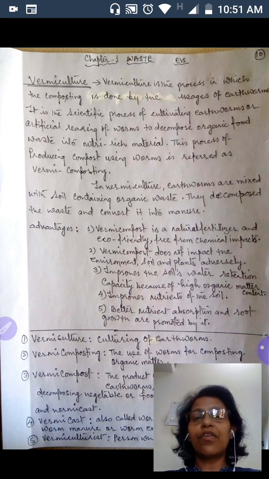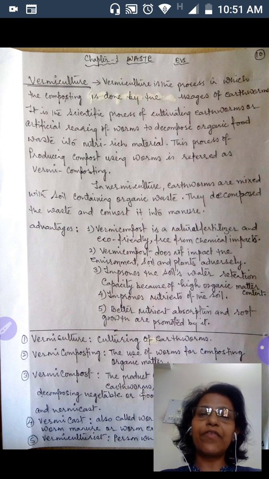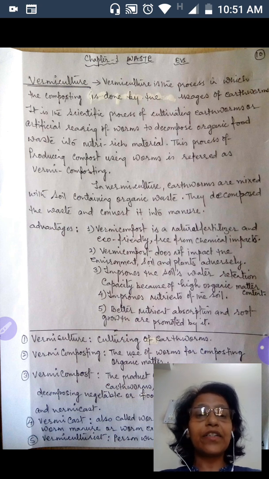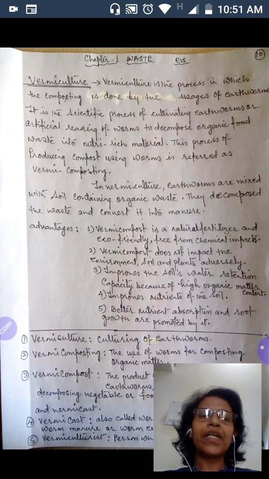Now, a lot of advantages are associated with vermiculture. The first and foremost advantage is that it is a natural fertilizer, it is eco-friendly, and it is almost free from chemical impacts. Vermiculture does not impact the environment, soil or plants adversely, that is negatively.